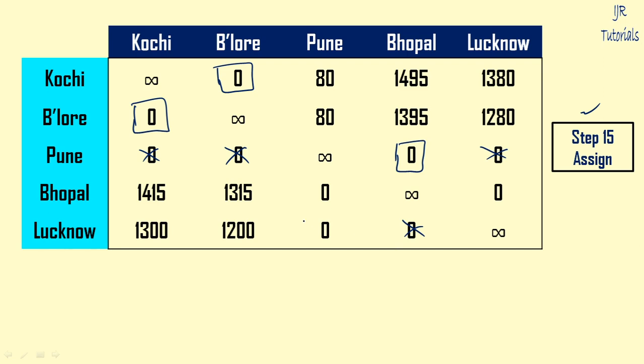Bhopal, here one zero is there, I can strike off this one, and finally I can do this one. So the assignment is completed. Check whether it is degeneracy or non-degeneracy. Number of rows 5, number of columns 5, and number of assignments also 5. So it is a non-degeneracy case. So as per the Hungarian method, the problem is completed.